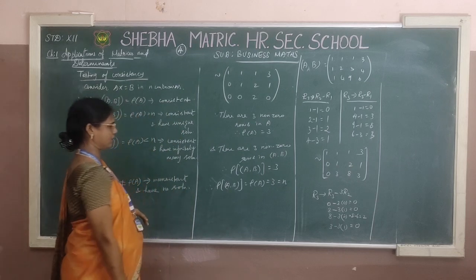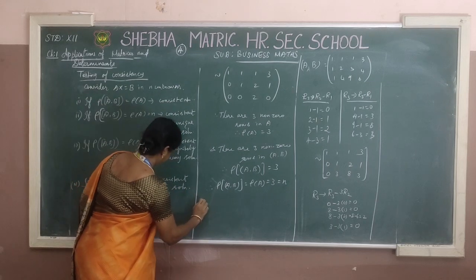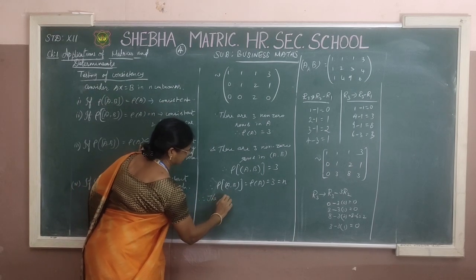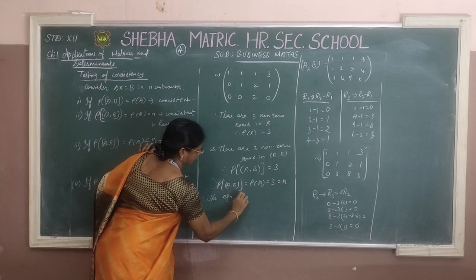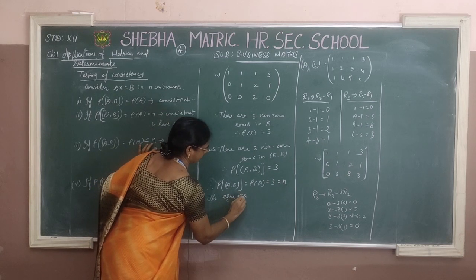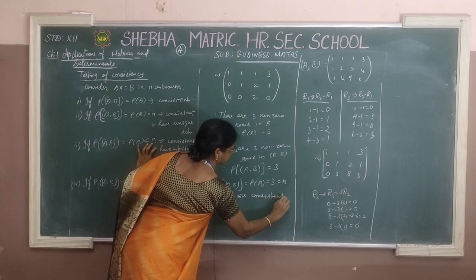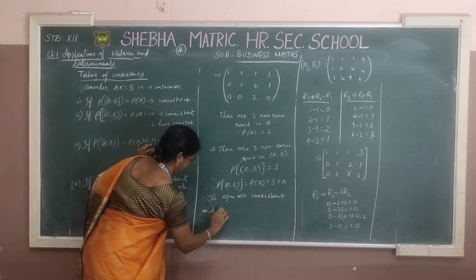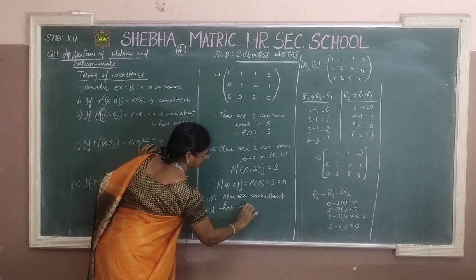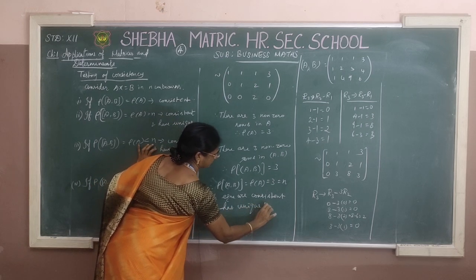N means the number of unknowns. So, the equations are consistent and have a unique solution.